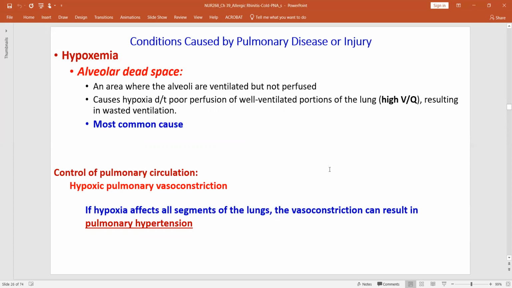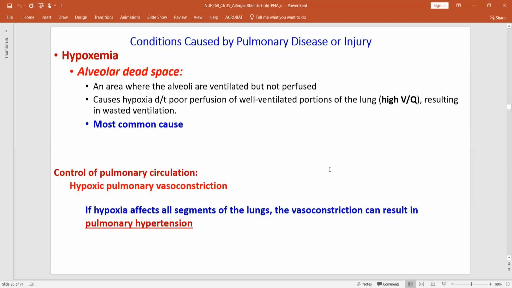Ventilation is how much air gets into the trachea and the alveoli, and perfusion is how much blood exchange occurs between the capillaries and the alveoli. So the most common cause of alveolar dead space is pulmonary embolism, which will impair the blood flow to some segments of the lung.